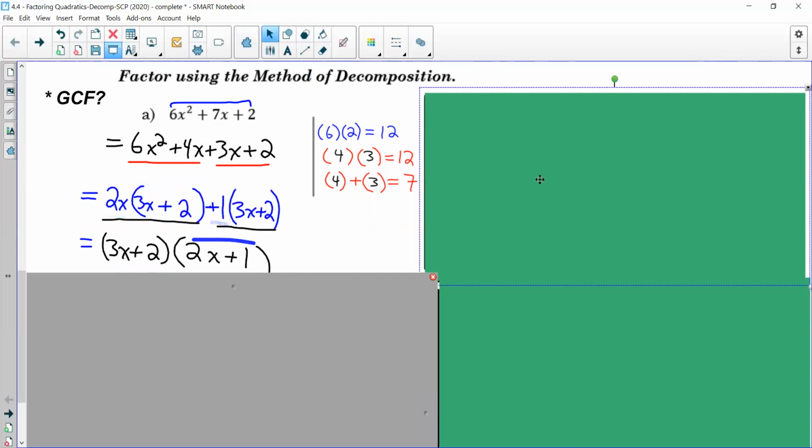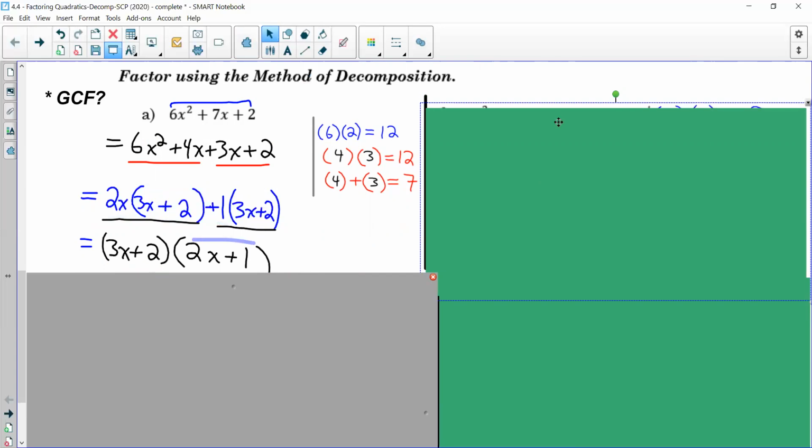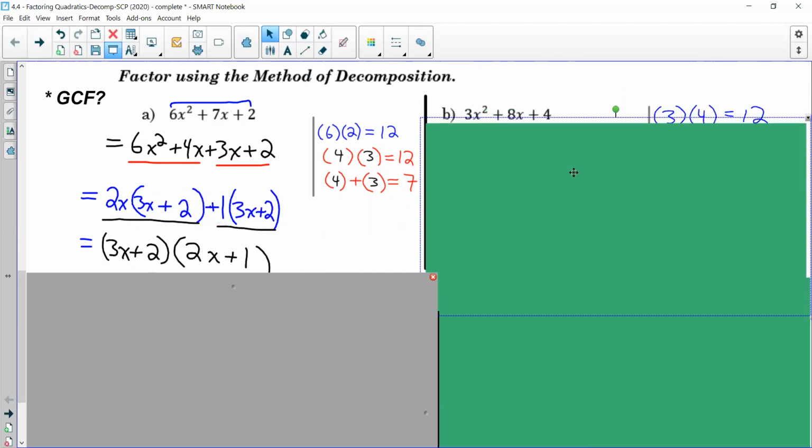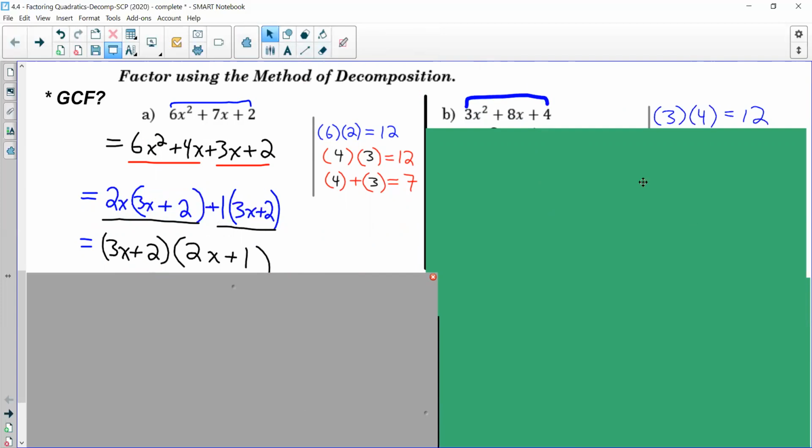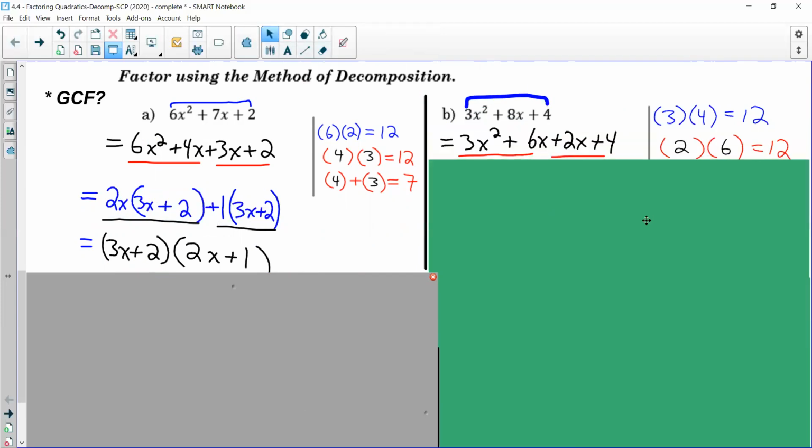For this one here, off to the side, we're going to just take a look. So we have 3x squared plus 8x plus 4. So again, we want to focus on multiplying the 3 and the 4 to get a 12. And then after that, taking a look at, well, what numbers multiply to 12? 2 and 6.